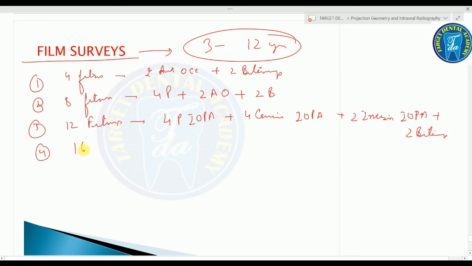Last is the 16 film survey. It includes the 12 film survey plus the 4 permanent molar radiographs.